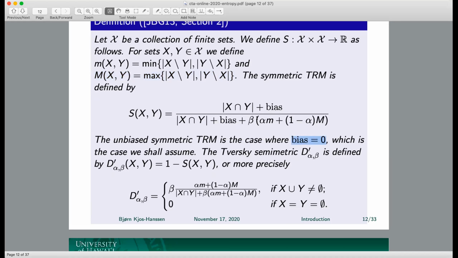And then we have alpha that's used to weigh how much we care about the minimum and how much we care about the maximum. Maybe we only care about the maximum. That would be like the NID, normalized information distance. Or if we care about them equally, then it ends up just being adding up the two sides. So alpha is between 0 and 1.